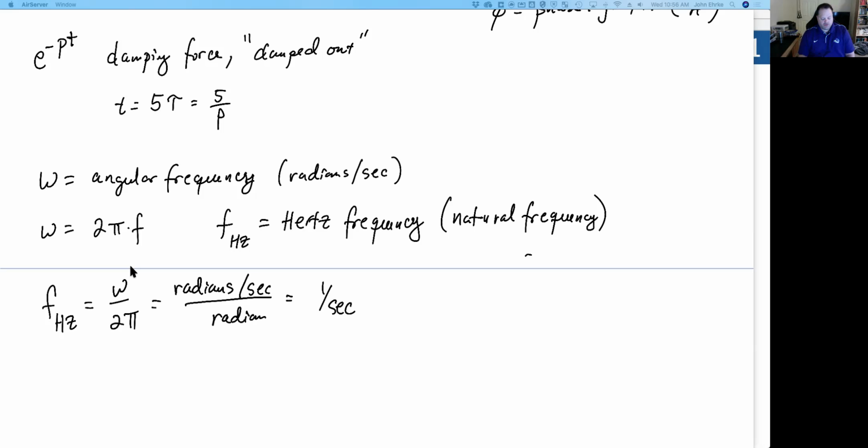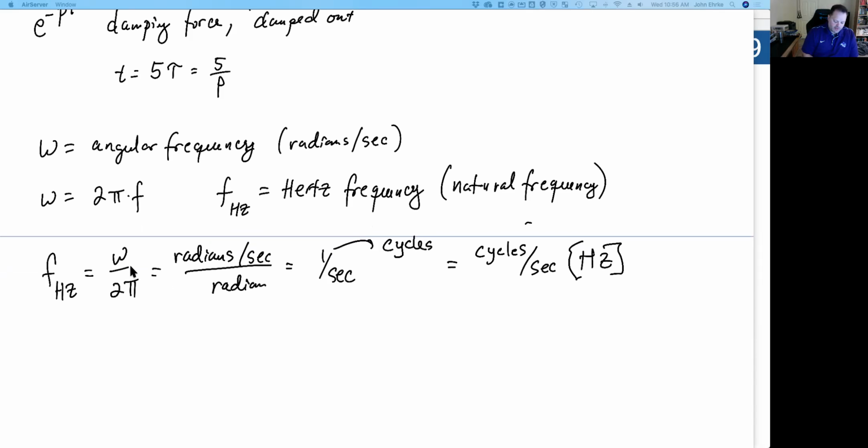It's not really just inverse time, because the one that's left, I really think of as a cycle around the unit circle, one complete oscillation of the curve. So the unit hertz, we really want to think of as cycles per second. This is the unit hertz that we'll be dealing with a lot.